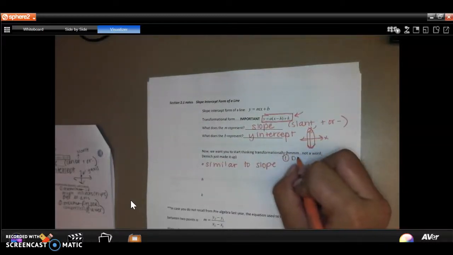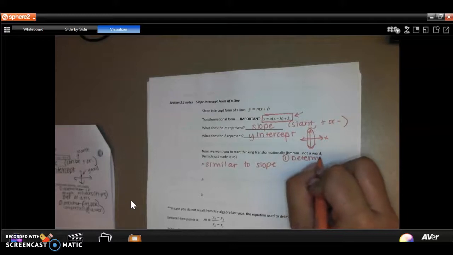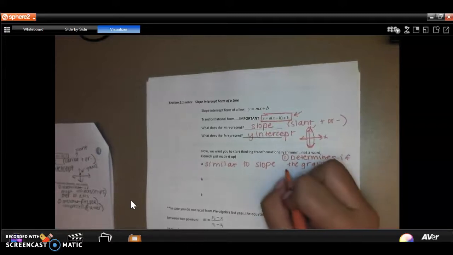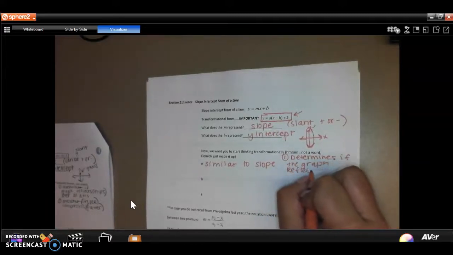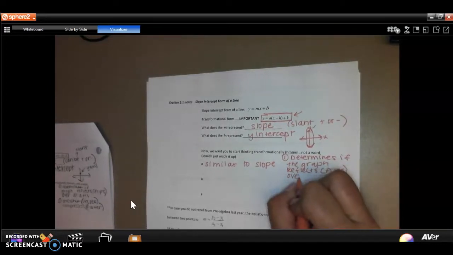It does two things. Number one, it determines if the graph reflects, in other words, flips over an axis.